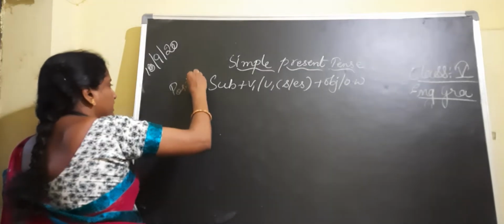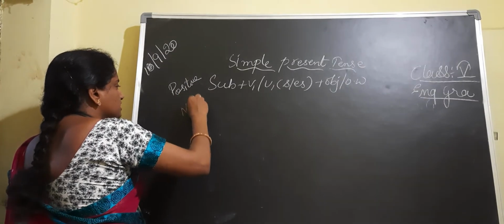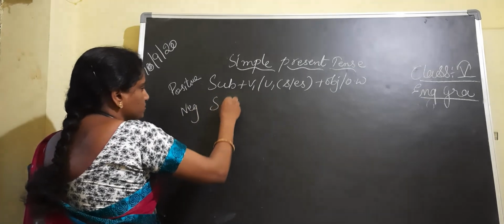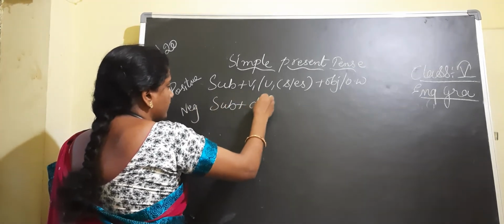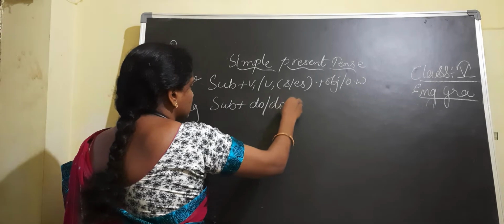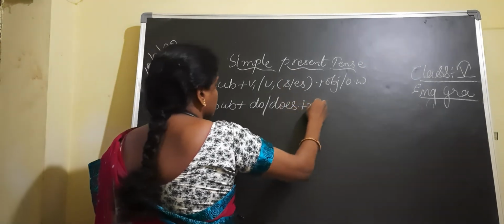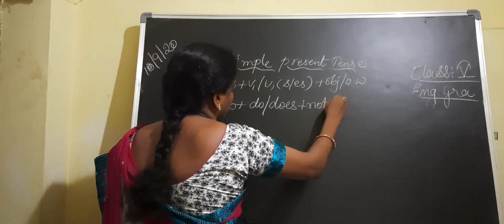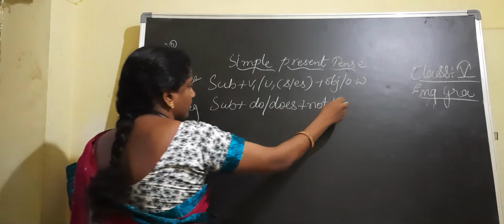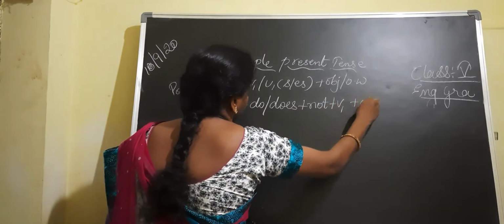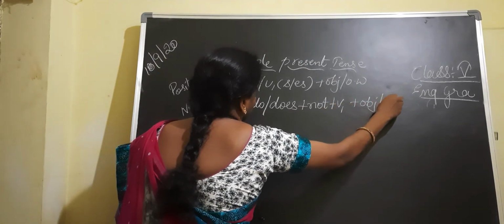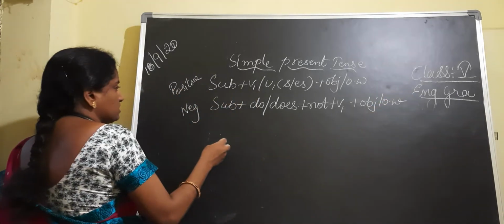Coming to the negative, children, what did we do, Nana? Along with the subject, we have added do or does with not. And with do or does, we have to use V1 only, and object or other words. This is for the negative statement.